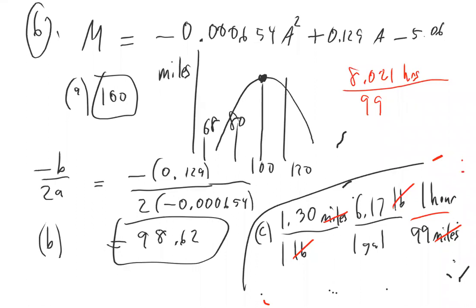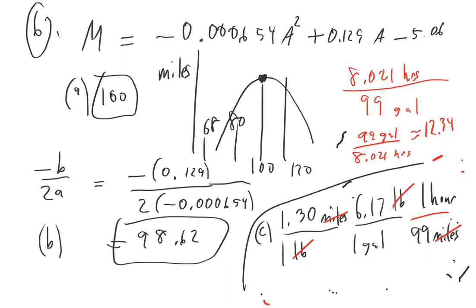Now if I flip that over, I'll get gallons per hour. So if I flip it over, I'll have 99 gallons in 8.021 hours. And then 99 divided by 8.021 is equal to approximately 12.34.